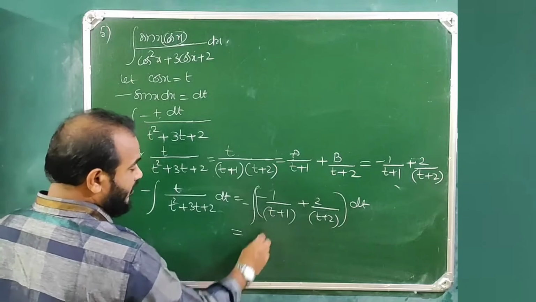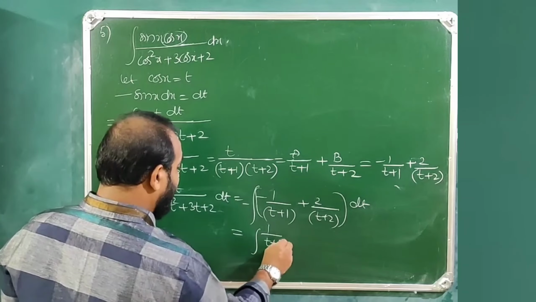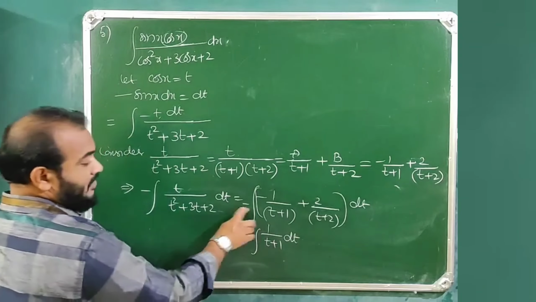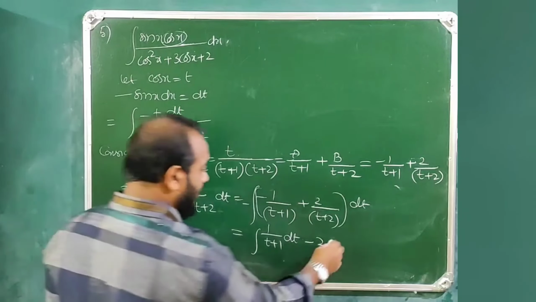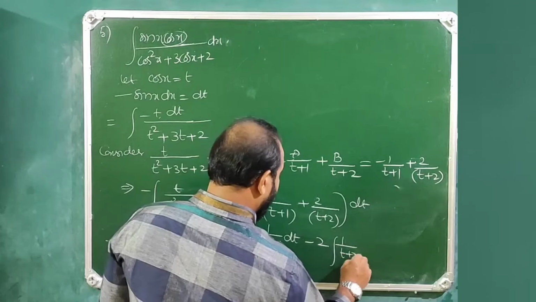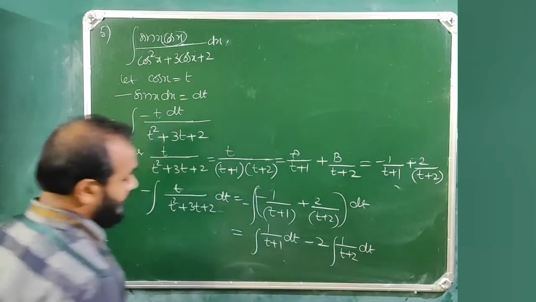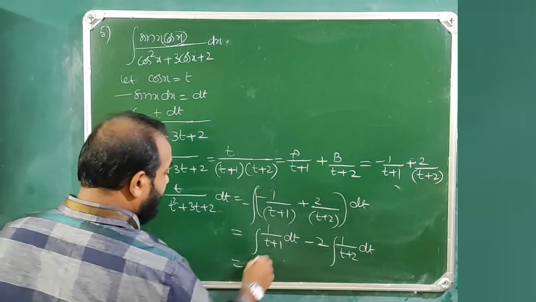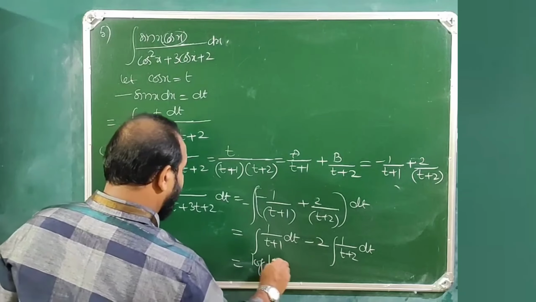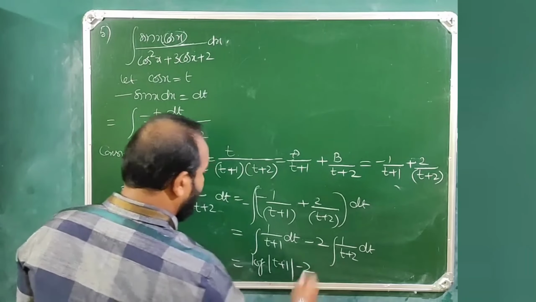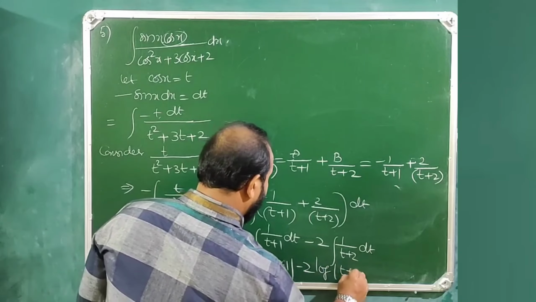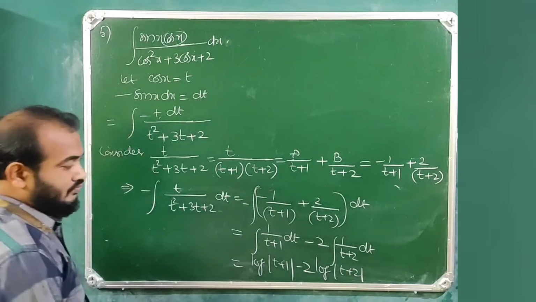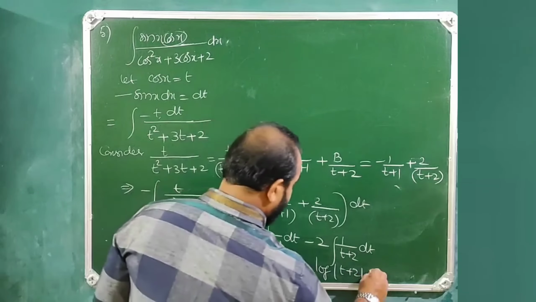So minus into minus is plus. So 1 by t plus 1 dt. Plus into 2 is 2, I am separating it from the process of integration, 1 by t plus 2 dt. So integral of 1 by t plus 1 is log modulus of t plus 1, minus 2 times integral of 1 by t plus 2, which is log modulus of t plus 2, plus constant of integration c.